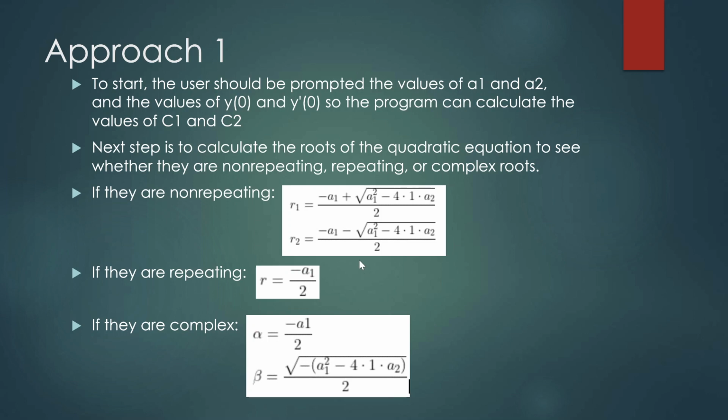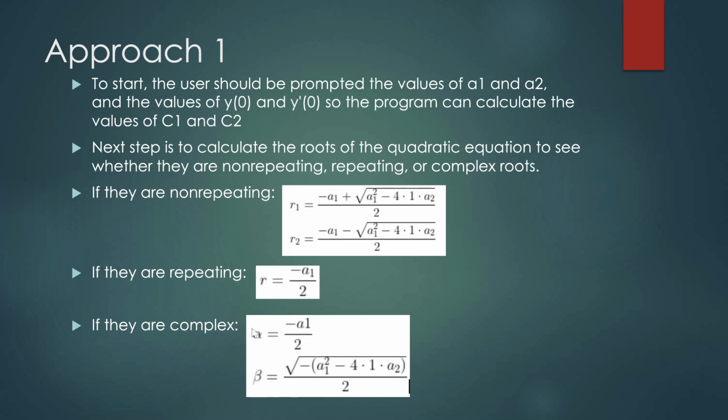And the next step, I created a function to calculate the roots, and they will have different equations depending on if the roots are non-repeating, repeating, or complex. And these are the equations that I used, which is basically the quadratic equation. And if the roots are repeating, I wouldn't have to do all this, just this is enough.